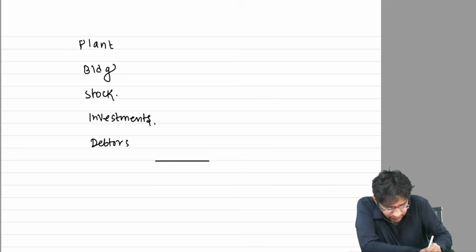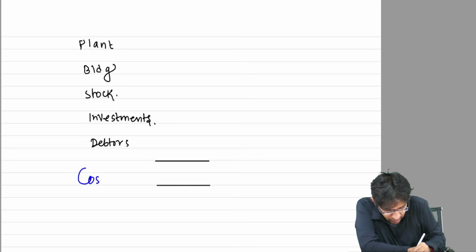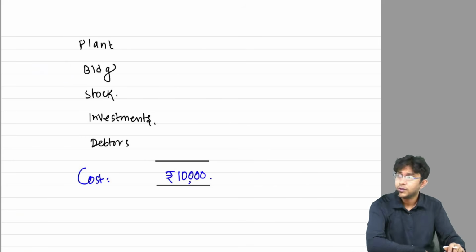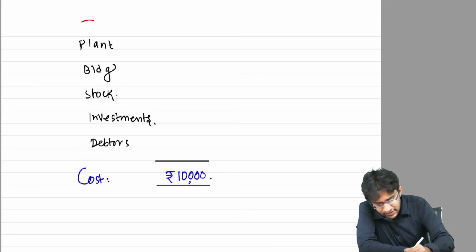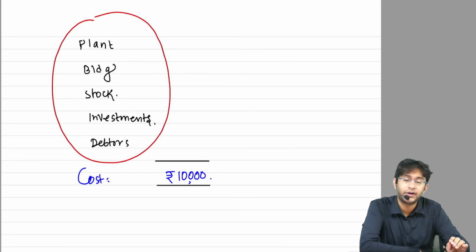All of this you got in a single transaction for a lump sum cost of 10,000 rupees. So all 5 assets you purchased as a package for an amount of 10,000 rupees.